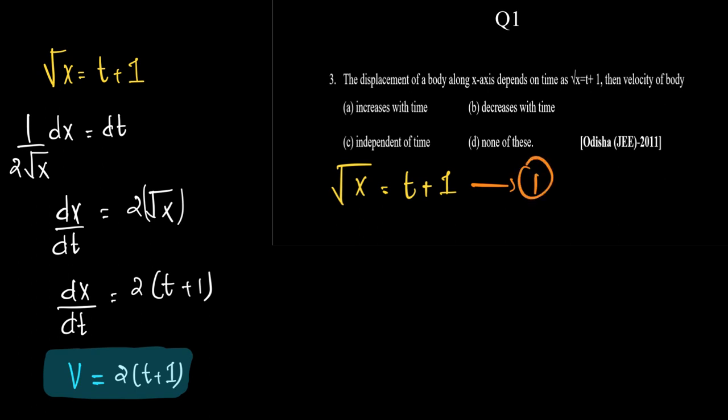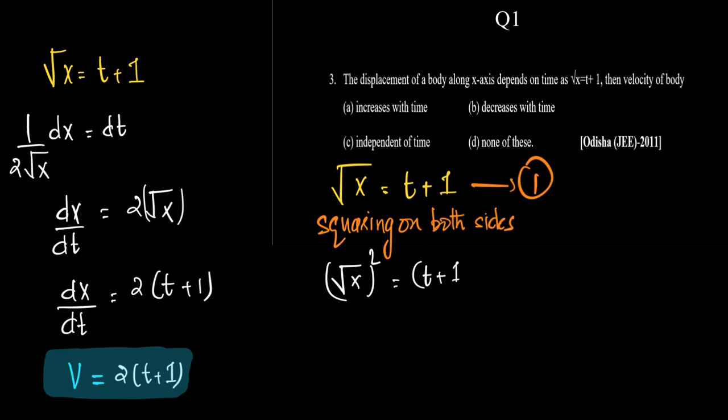If this is equation number one, and if you square this on both sides, it becomes root x the whole square is equal to t plus 1 the whole square. Now what is root x the whole square? x. What is t plus 1 the whole square? Yes, t square plus 2t plus 1. I do understand, but we are not going to expand this. We're just keeping it as t plus 1 the whole square.